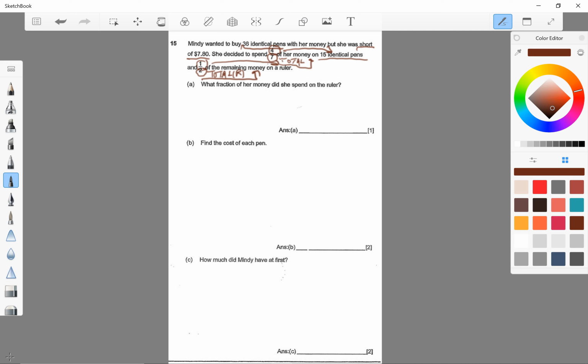First part, what fraction of her money did she spend on the ruler? So fraction ruler. Second part, they are asking us for the cost of each pen. And last but not least, how much did Mindy have at first?